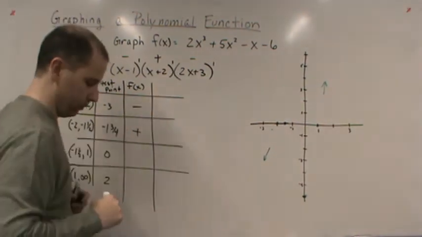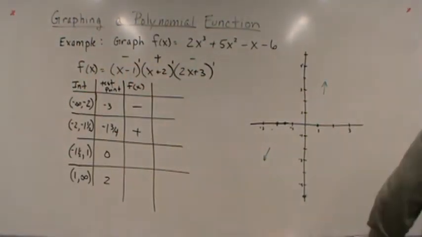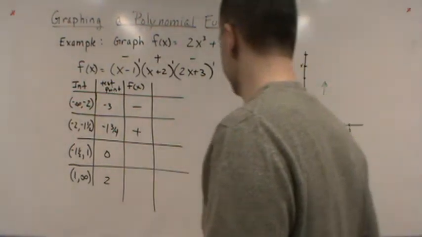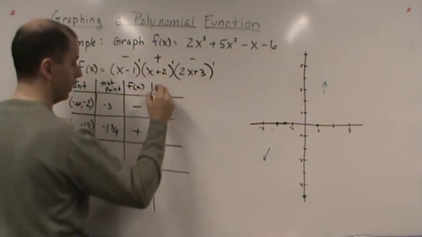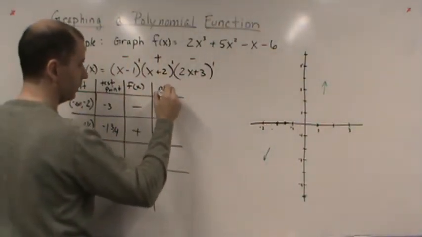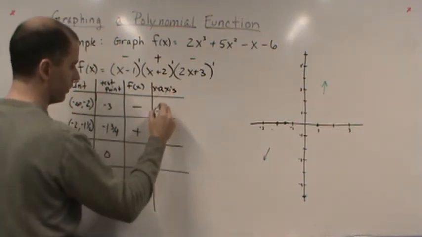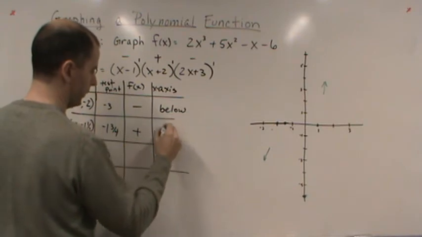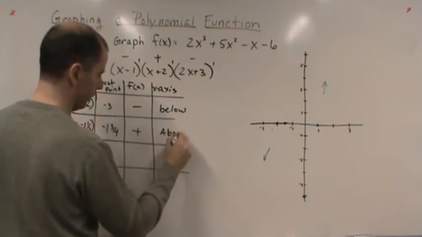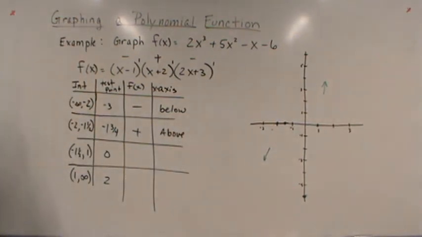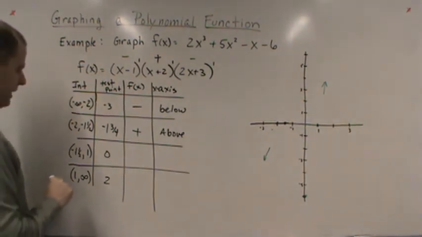So how do I label this? This is going to be below, above. Okay, 0 is easy.